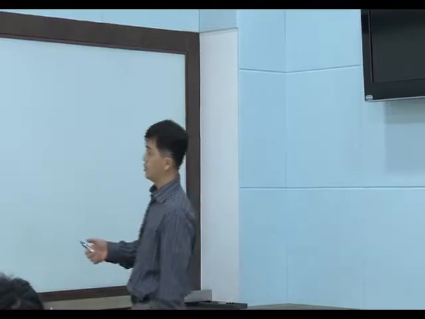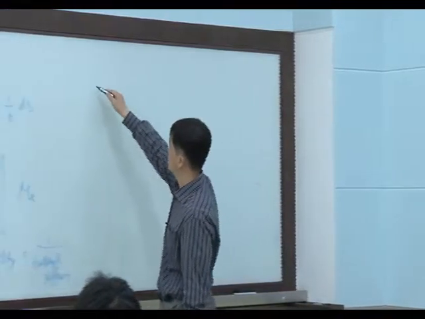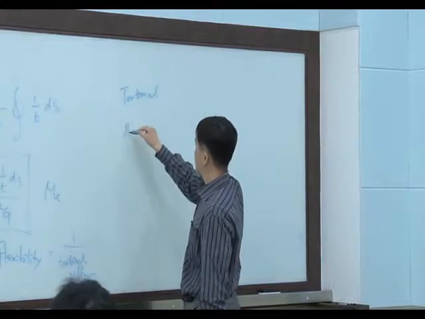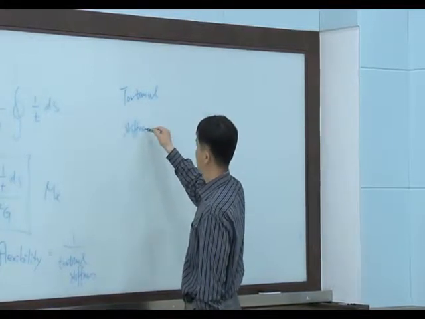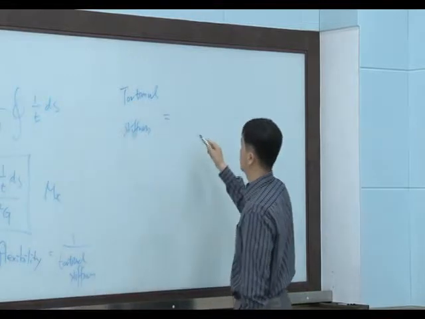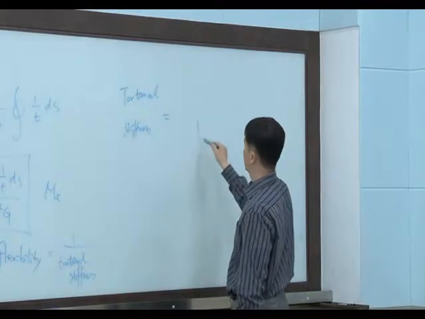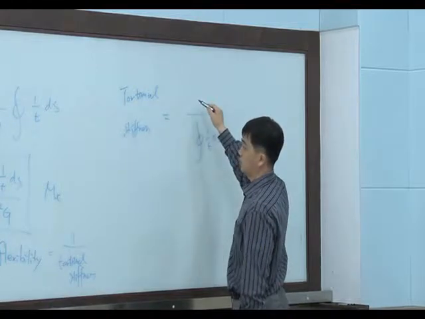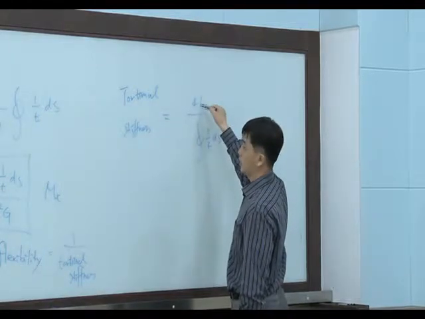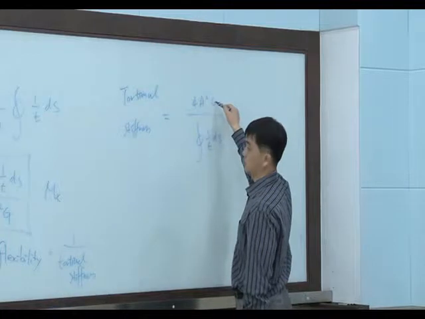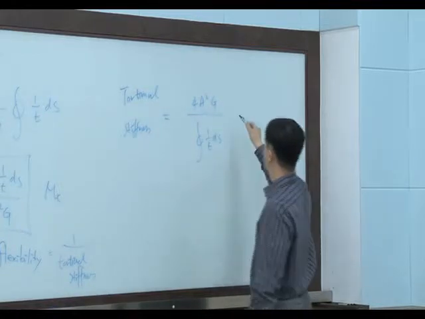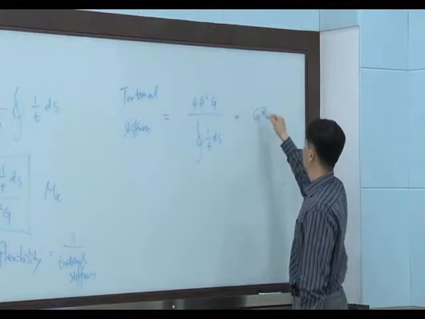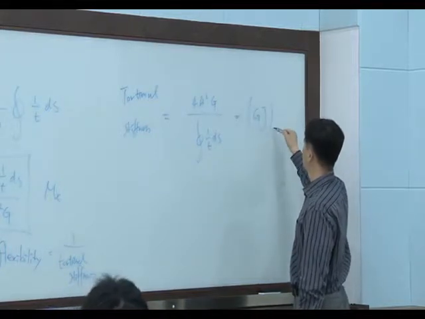So here in this case, torsional stiffness equals T over 1 ds, 4a square G, right, equal to GJ, let's say GJ equivalent.